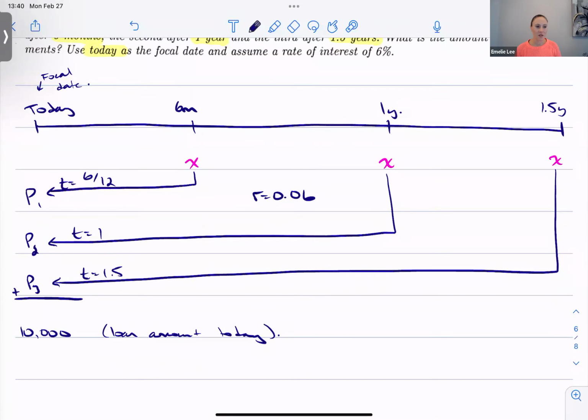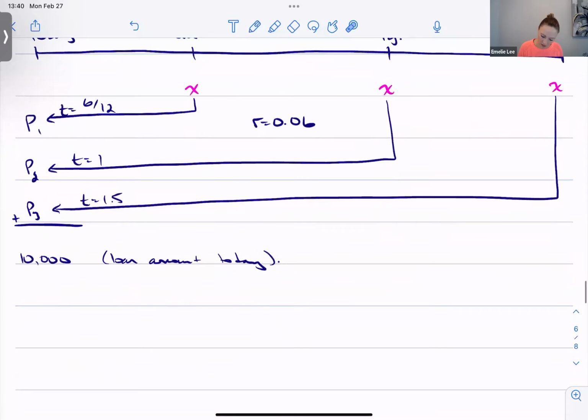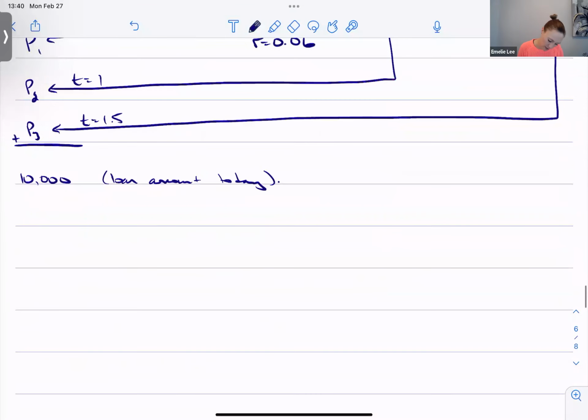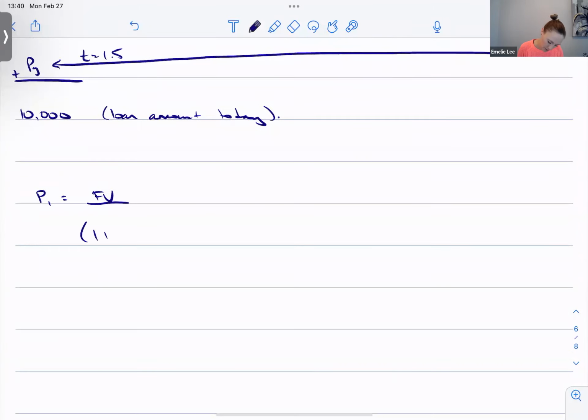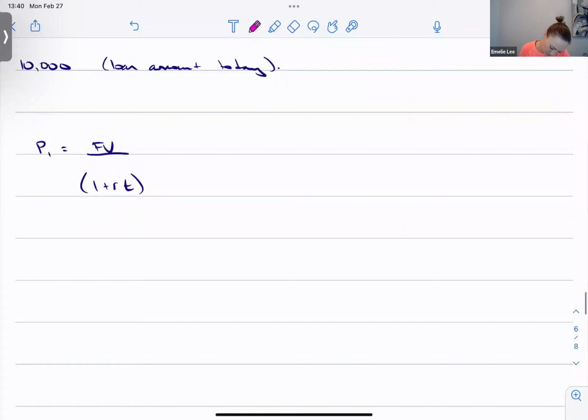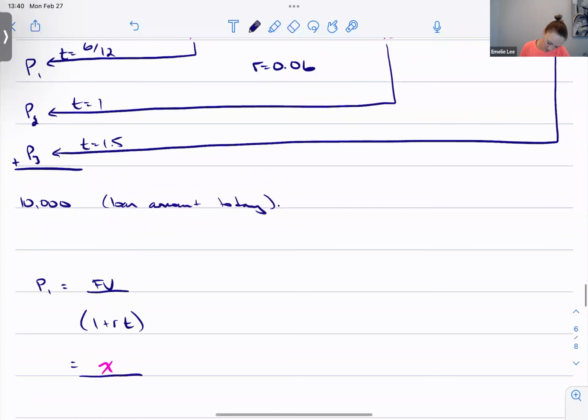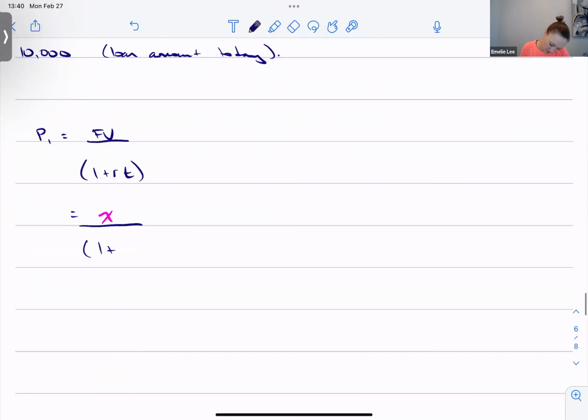So let's go ahead and solve this, remembering that X is the future value. P1 is the future value over 1 plus R times T. The future value is X divided by 1 plus 0.06 times T, which is 1/2 or 6/12.